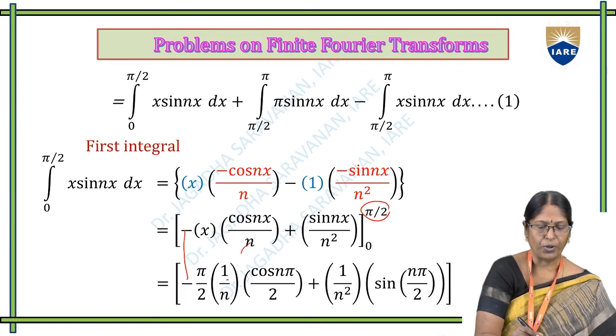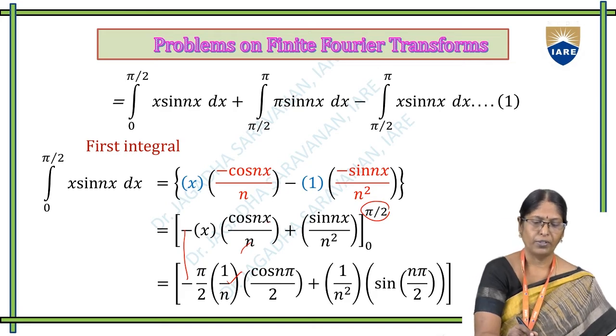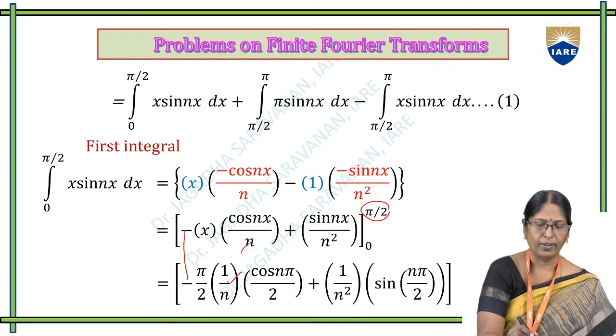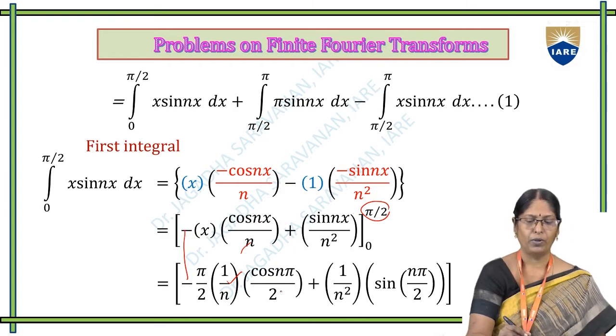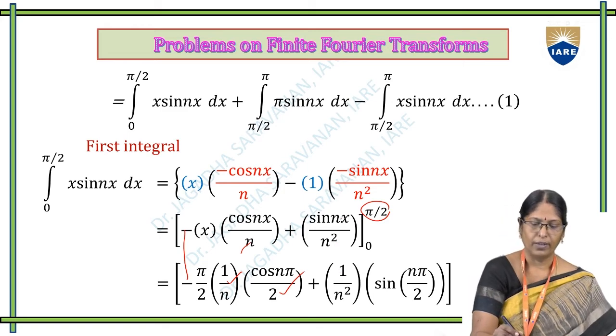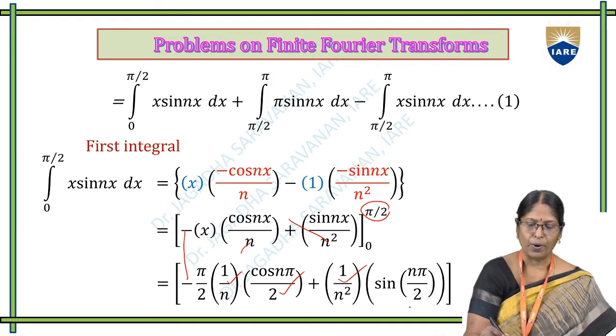This n we have put outside as 1 by n. So cos n x takes pi by 2, so cos n pi by 2, plus here 1 by n square, here it is written sin n pi by 2.